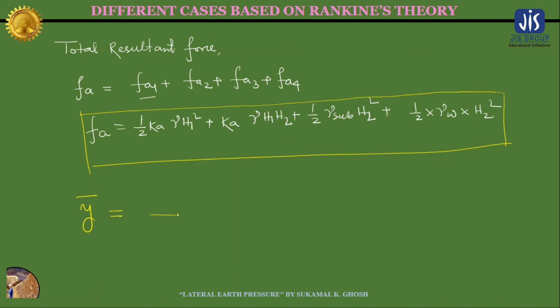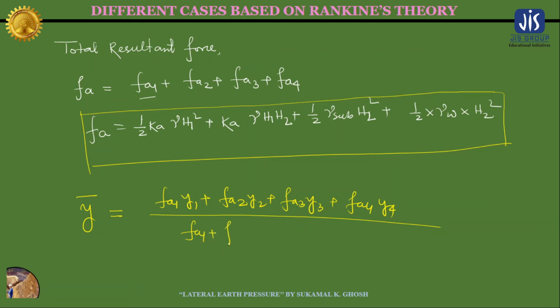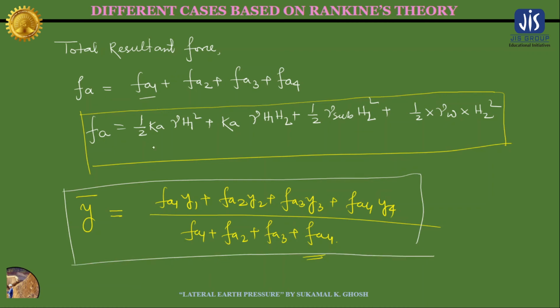Y bar will be equal to Fa1 into y1 plus Fa2 into y2 plus Fa3 into y3 plus Fa4 into y4, whole divided by Fa1 plus Fa2 plus Fa3 plus Fa4. So this y bar means the depth where this total resultant force Fa is acting from the base.